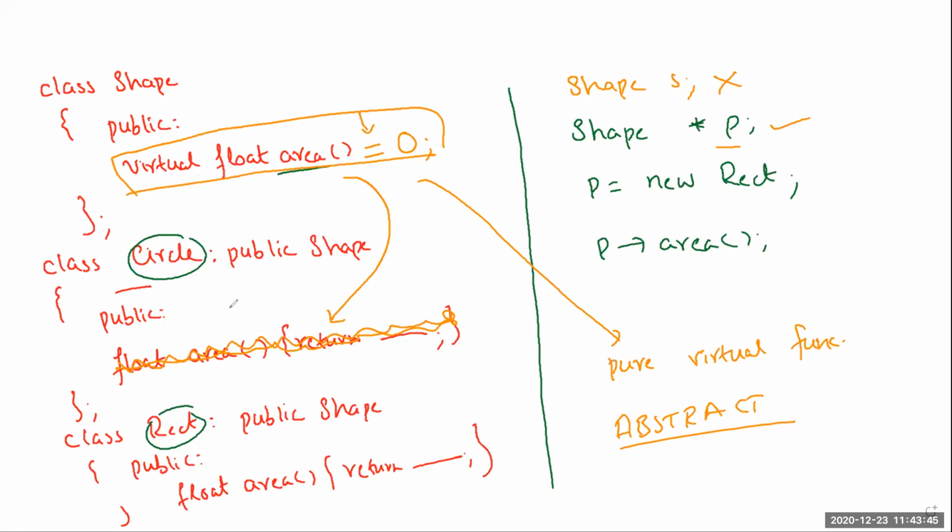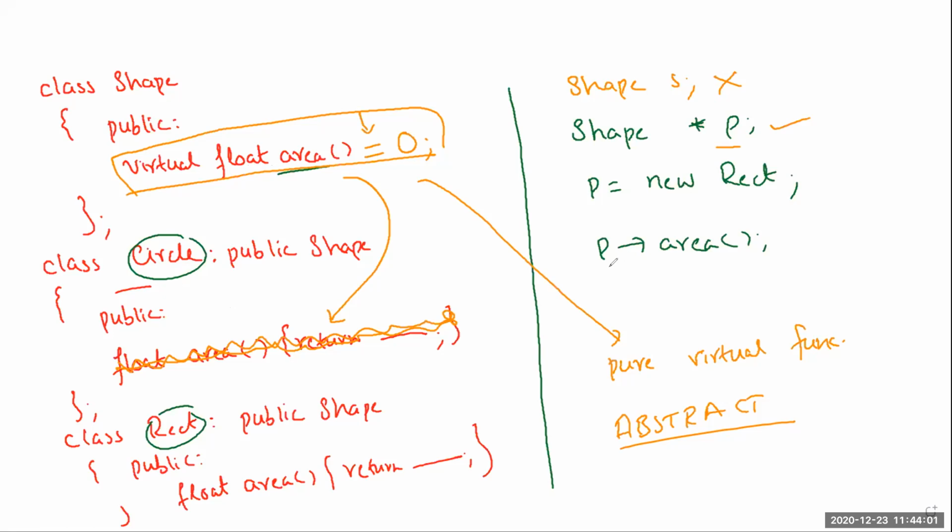Now the circle class also has a pure virtual function, which it got from its parent. So the disadvantage is that circle will also become an abstract class, and you will not be able to create an object of the circle class as well.